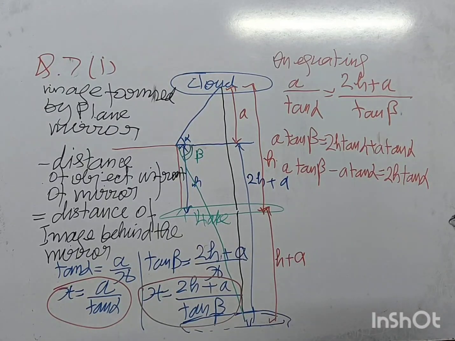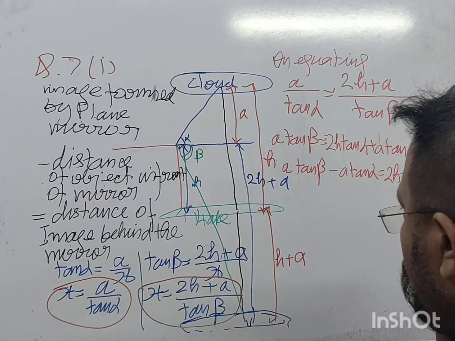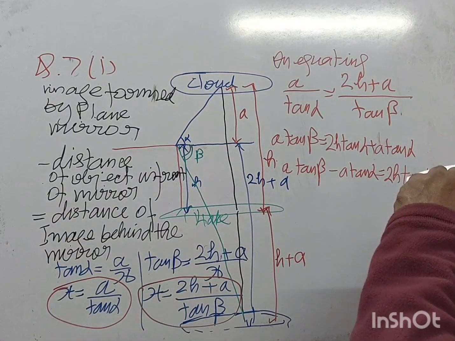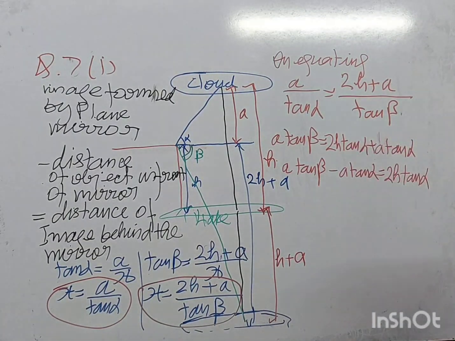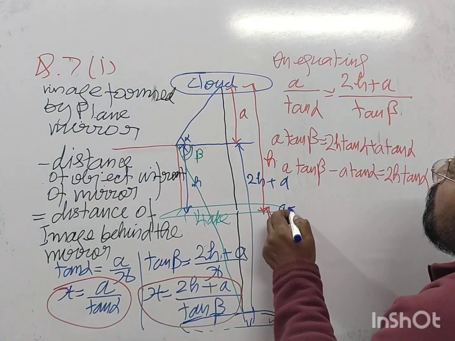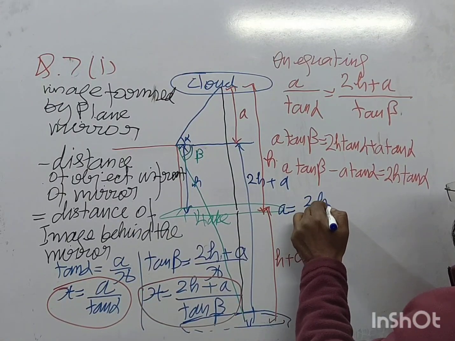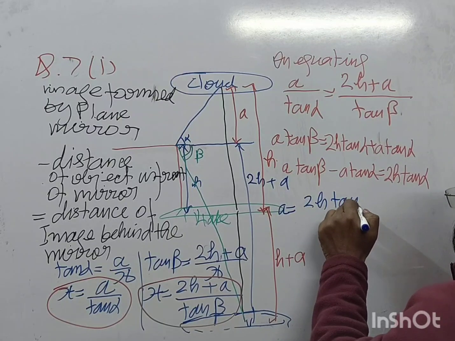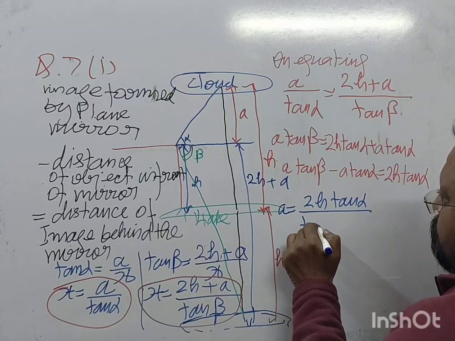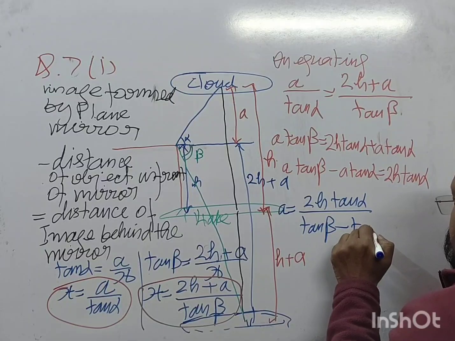You get this? Right? Now, if we take A as common, then what happens? A is equal to 2h tan alpha upon tan beta minus tan alpha.